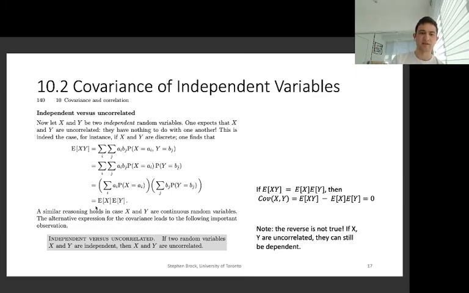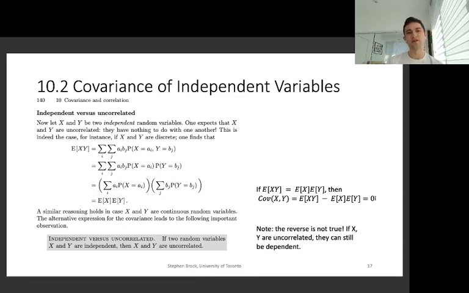I briefly mentioned this earlier when we were deriving the linearity, to see how linearity is affected in variance, or how variance affects linearity. So we can see here, if expected value of xy equals expected value of x times expected value of y, then the definition of covariance, which we just saw, expected value of xy minus expected value of x times expected value of y, is equal to 0.